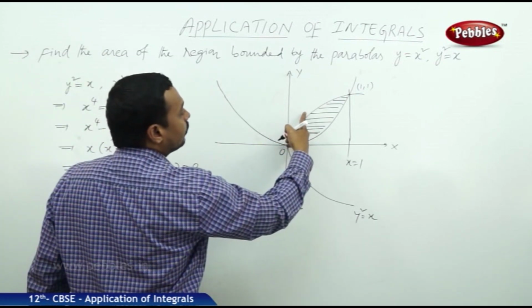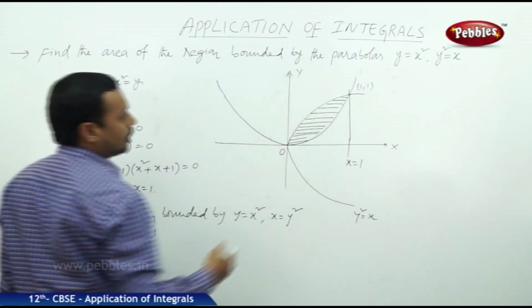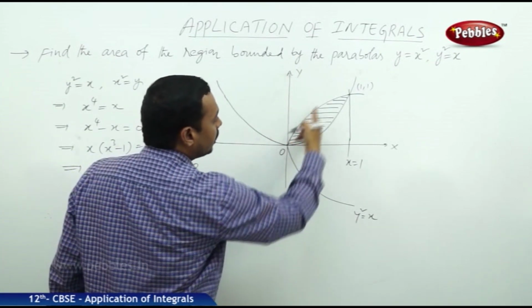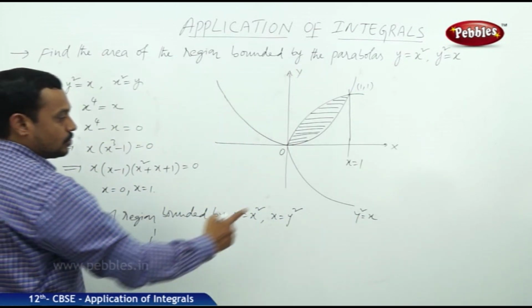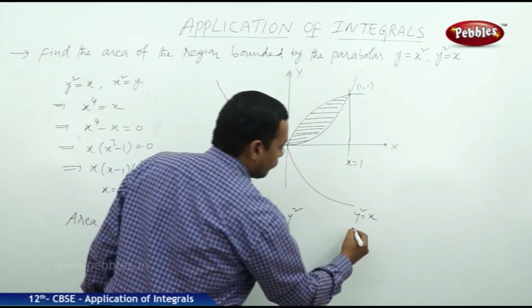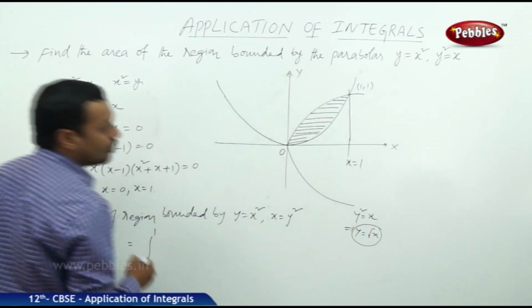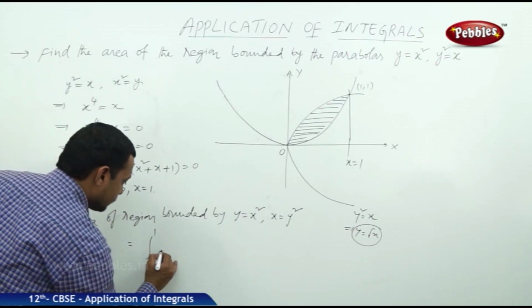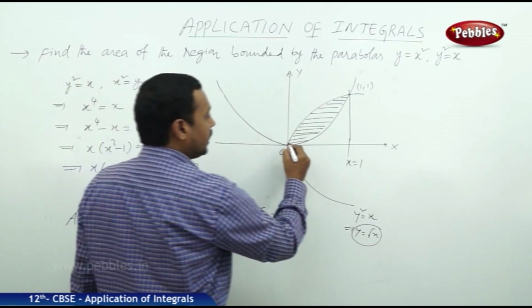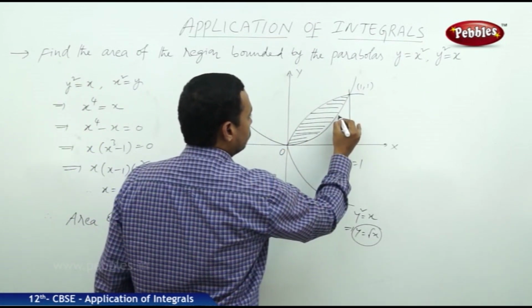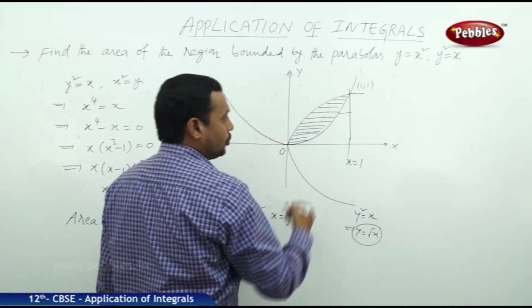Here it is f(x) minus g(x), the upper curve minus the lower curve. The upper curve is y square = x, from which y = root x.